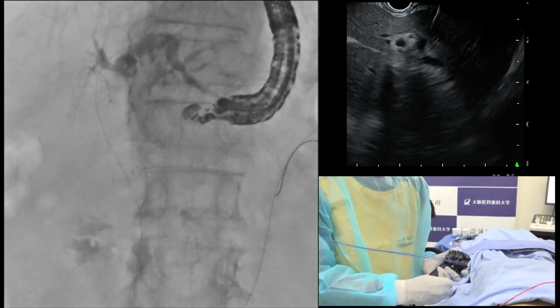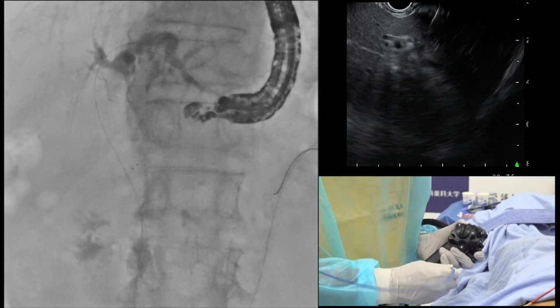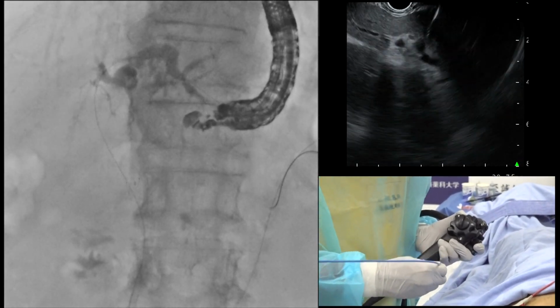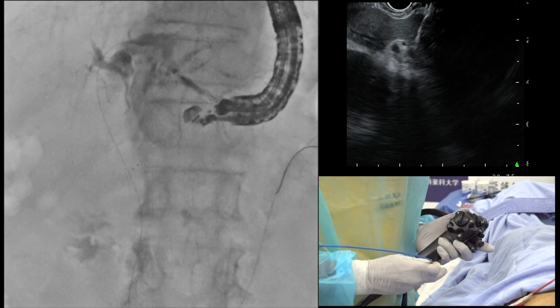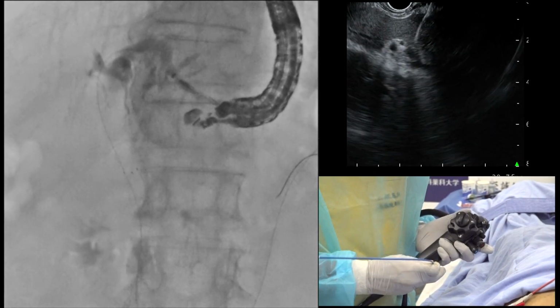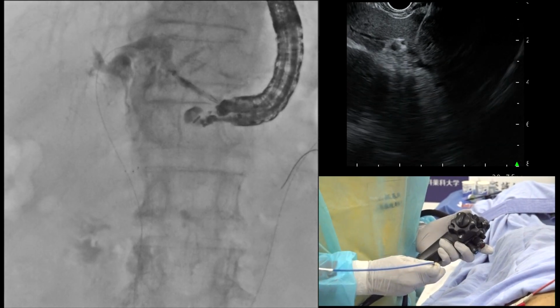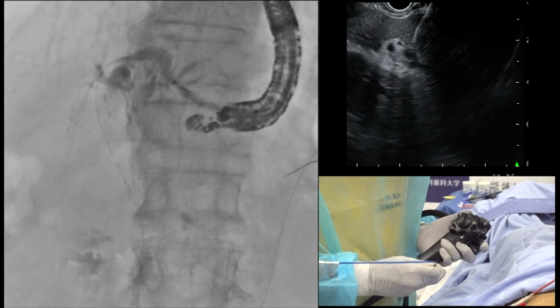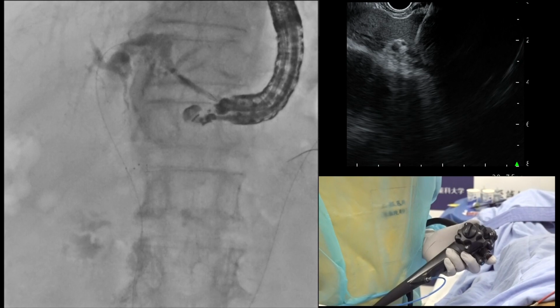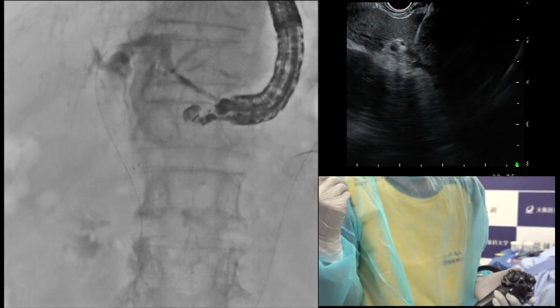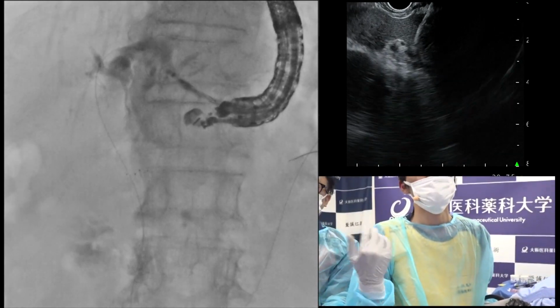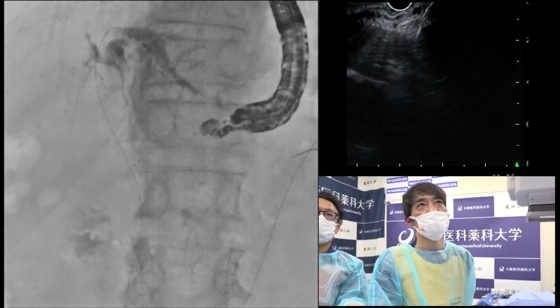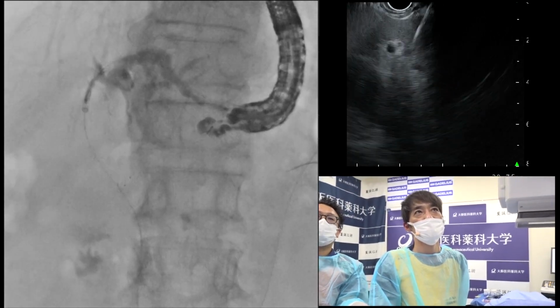Okay, we insert the stent delivery system. So you would never be able to perform this procedure without a trained assistant, right? Because this is really a very complicated procedure where you really need to be in contact with your assistant, who precedes your mind.